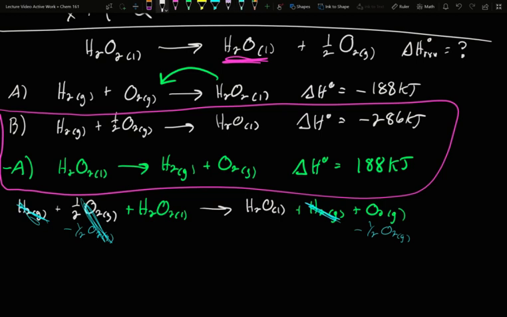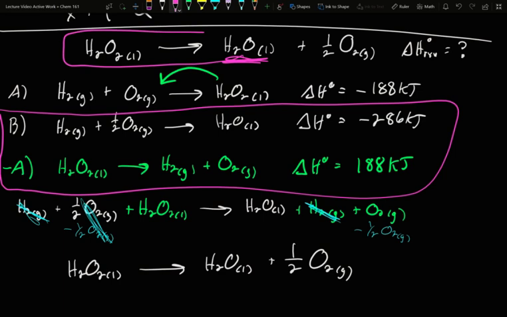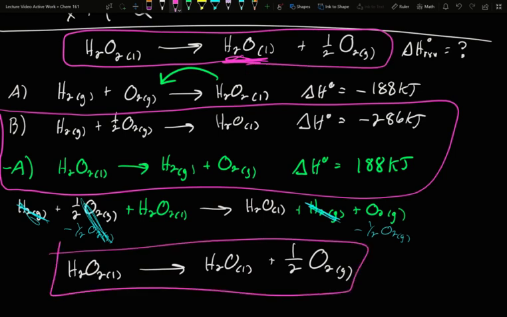If I then combine these, all that's left is H2O2 liquid on the left, water liquid on the right, and half O2 gas on the right. We've succeeded at recreating the equation we wanted to be talking about.